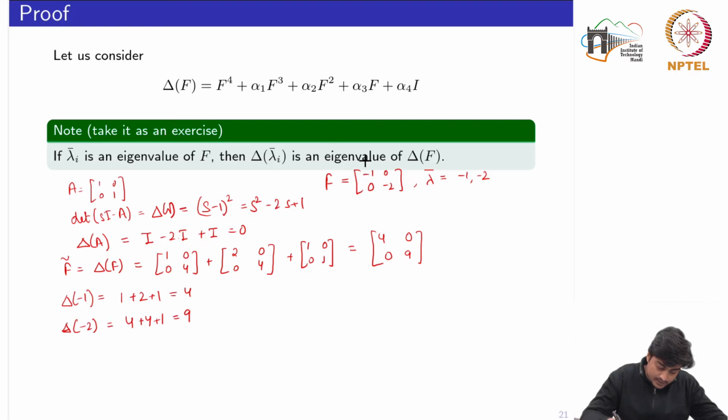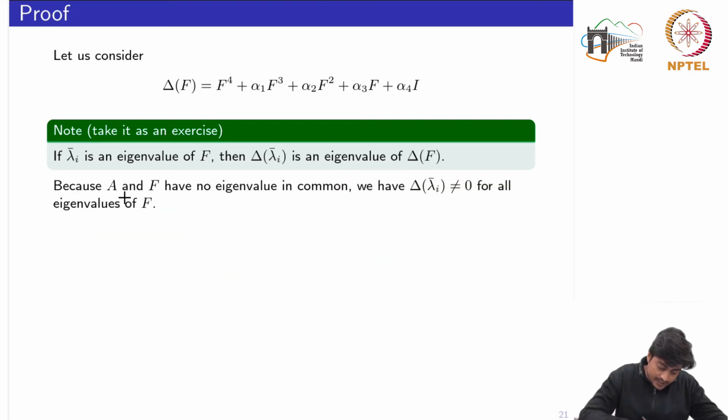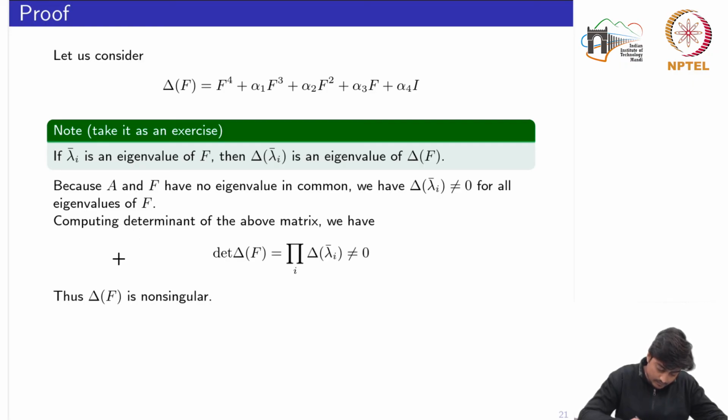Now taking this statement further, because A and F matrix have no eigenvalue in common, we would have delta of lambda I bar is not equal to 0 for all eigenvalues of F. Then we compute the determinant of this matrix.